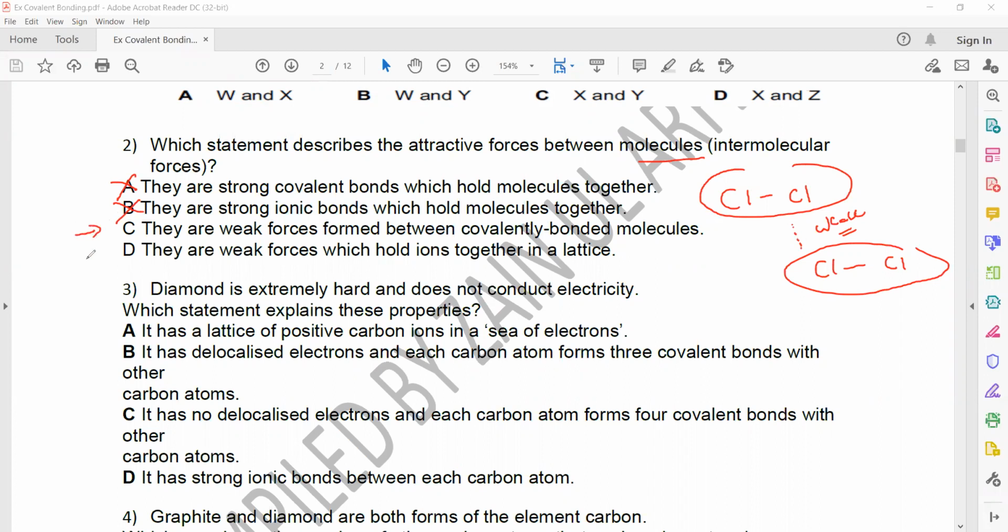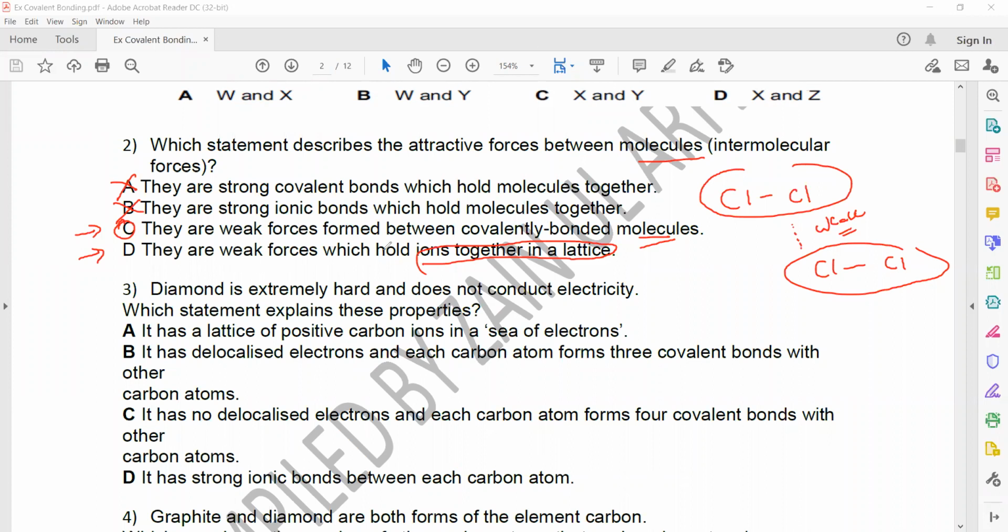So either C or D can be the answer. But in a covalent substance, we don't have ions. In ionic compounds we have ions and lattices. In a covalent substance, we have simple molecules. So there are weak forces between the covalently bonded molecules. That's why C is the right statement, which explains the force of attraction between the molecules.